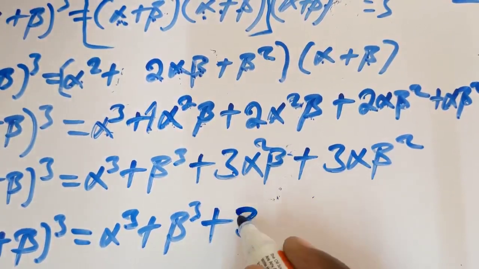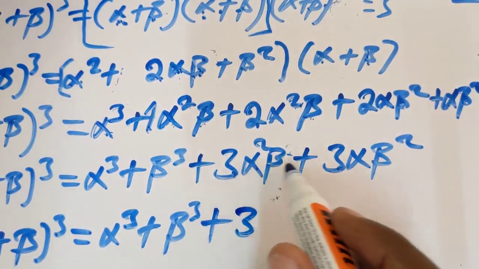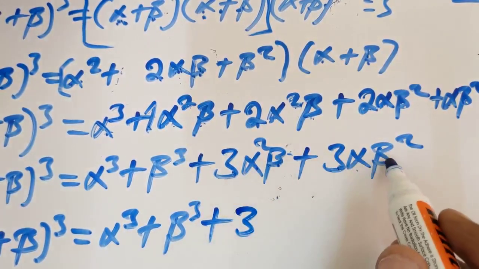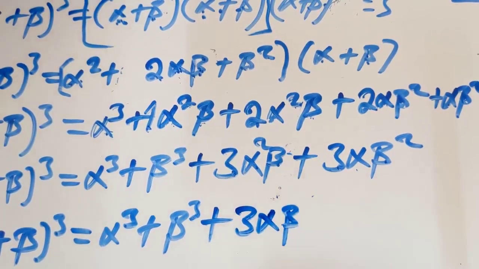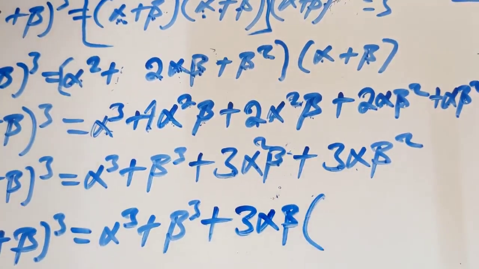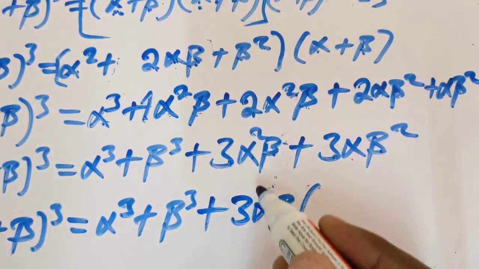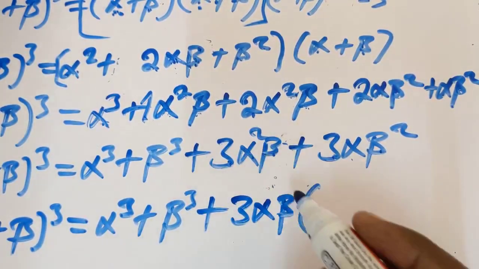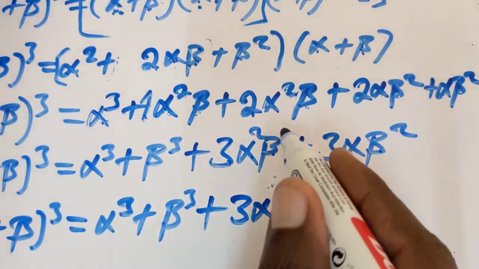We have 3 here, there is also 3 here. There is alpha, there is also alpha here. There is beta, there is also beta here. So we are going to write 3 alpha beta as common. So 3 cancels that 3, then this alpha cancels this power, meaning we are going to have alpha there. This beta cancels that beta.